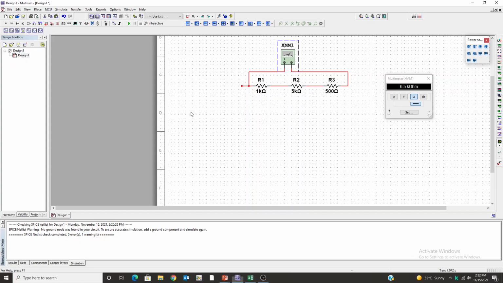Let's check it on Multisim. First we have to disconnect all these things and place them like this.